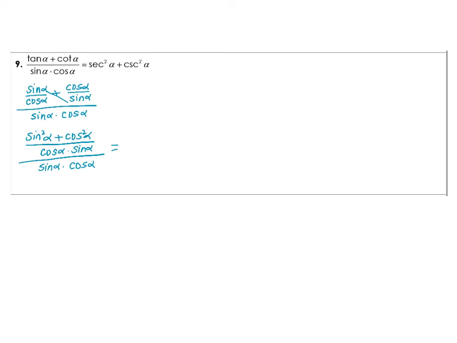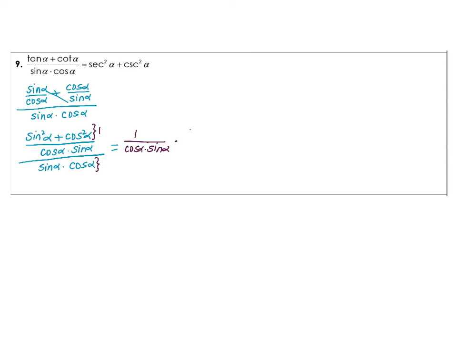And so all of this in the numerator, keep in mind, that is an identity. That's all going to become 1. So I have 1 over cosine alpha times sine alpha. So there's the numerator times the reciprocal. Remember, it's keep, change, and flip.